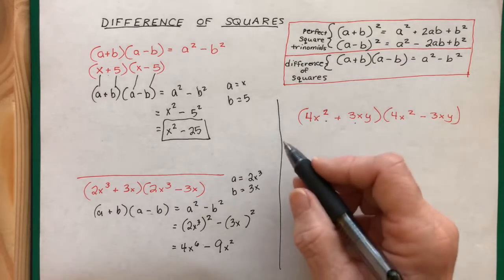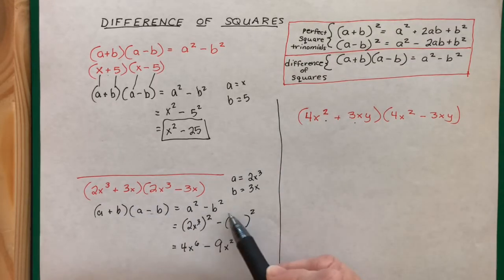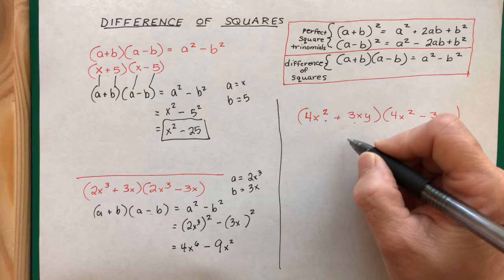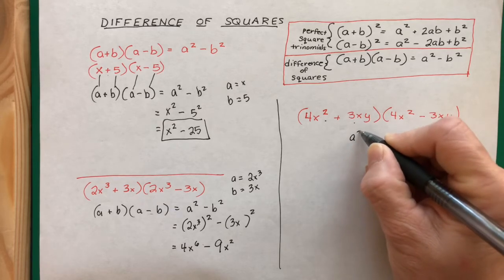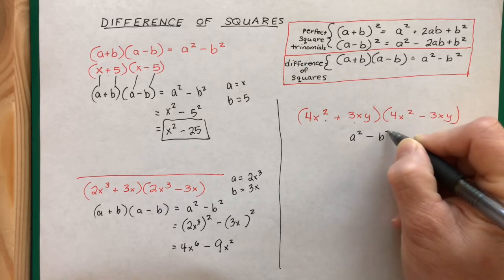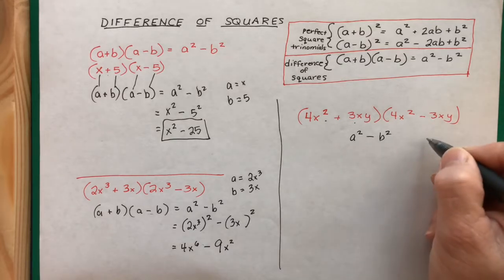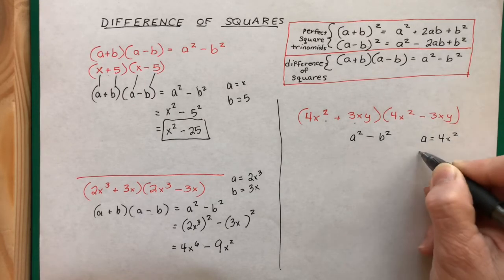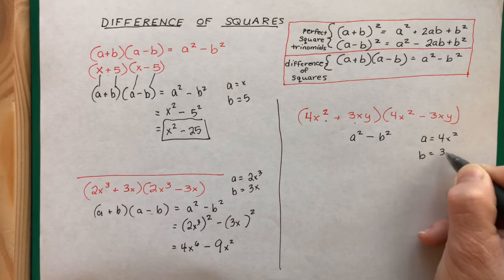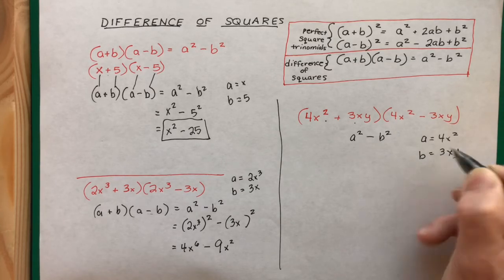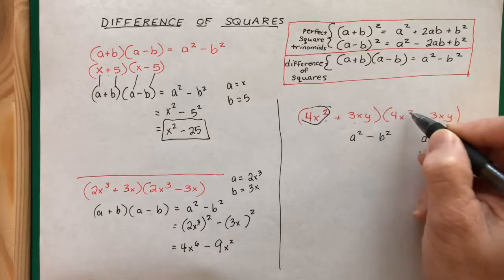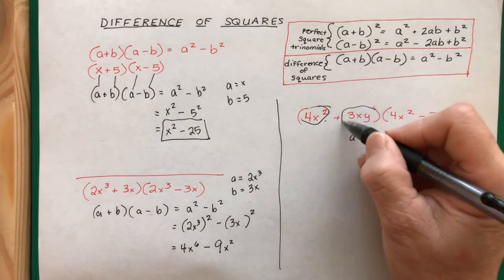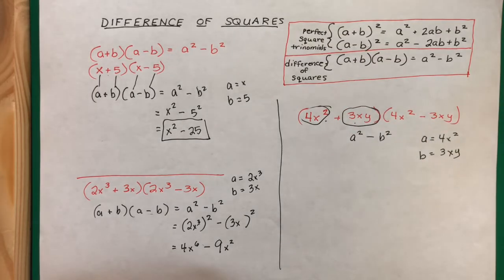What this is going to be, remember, it's of this form, so my answer is actually going to be a squared minus b squared, right? So a equals 4x squared, b equals 3xy. There's my a, I have it in both of them. Here's my b, I have that in both of them.